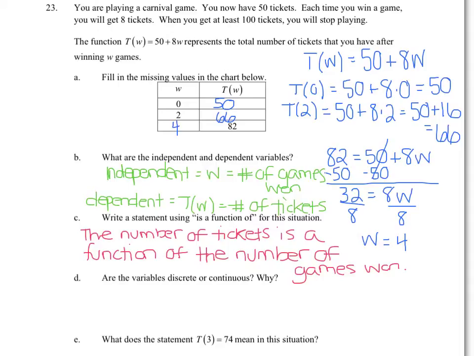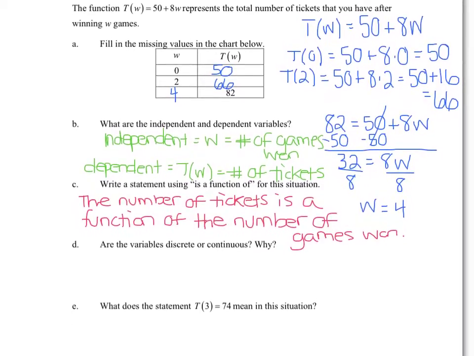The next question, are the variables discrete or continuous? Why? Well, remember, discrete means that it's individual points. They're not connected. So you can't have points in between. And we're going to say that the variables are going to be discrete.